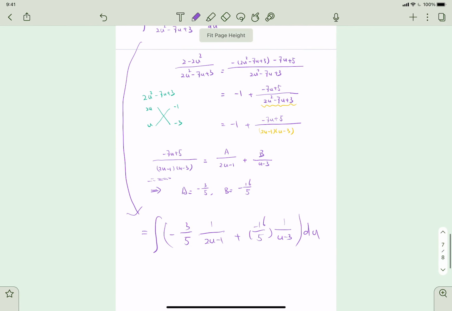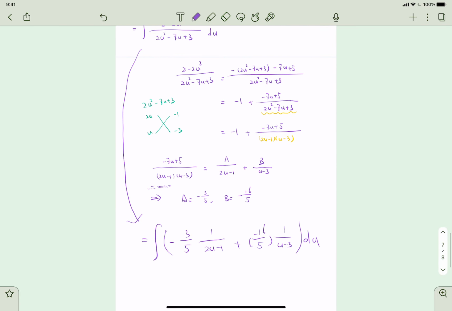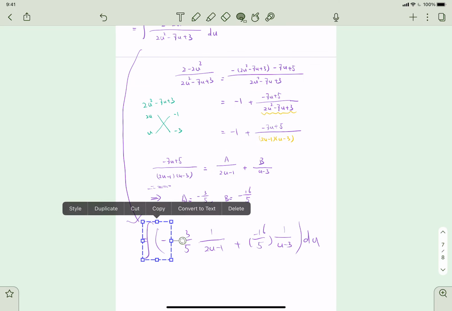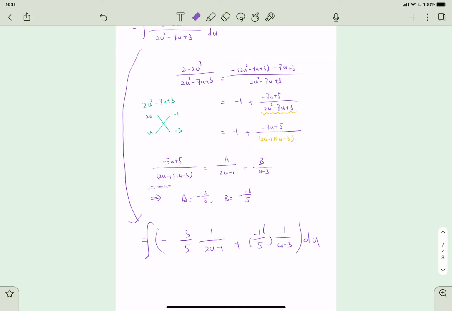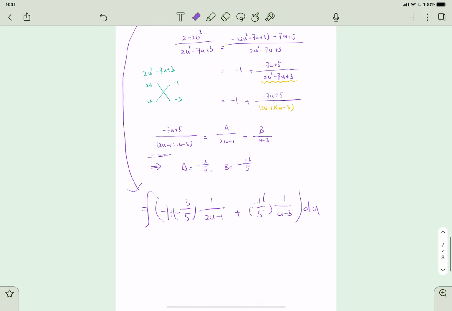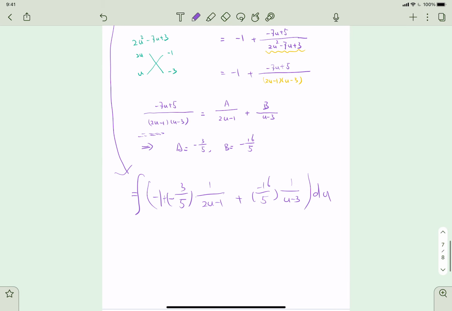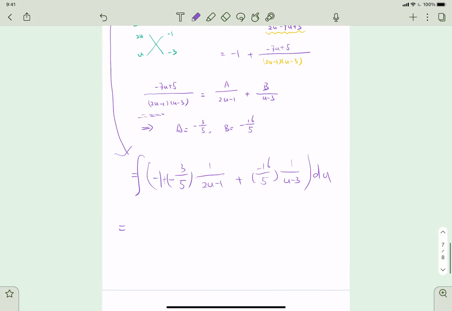I almost forgot this negative 1 here, so adding it back. Now I can do the integration.